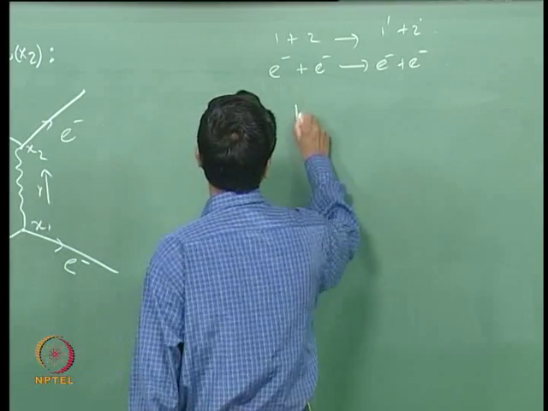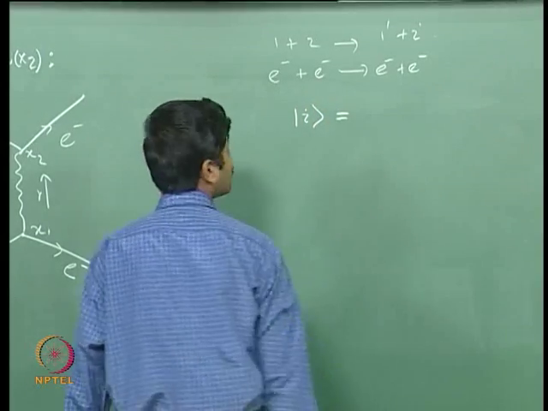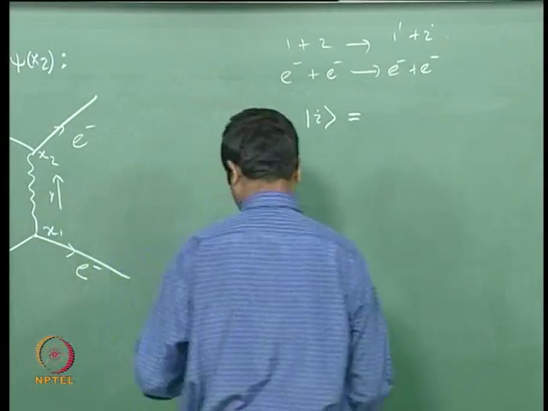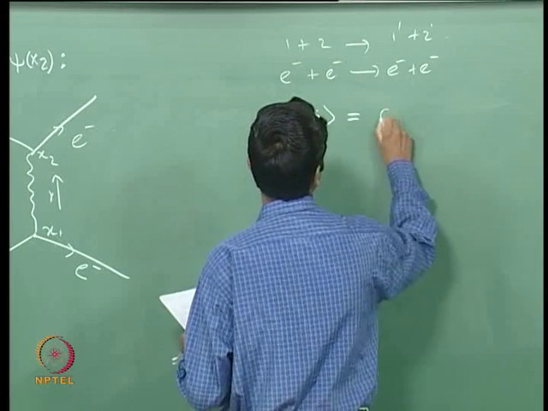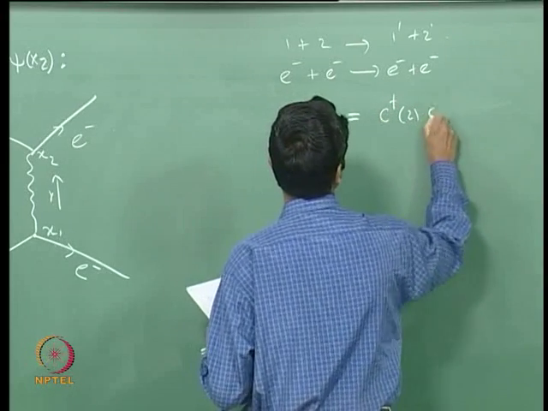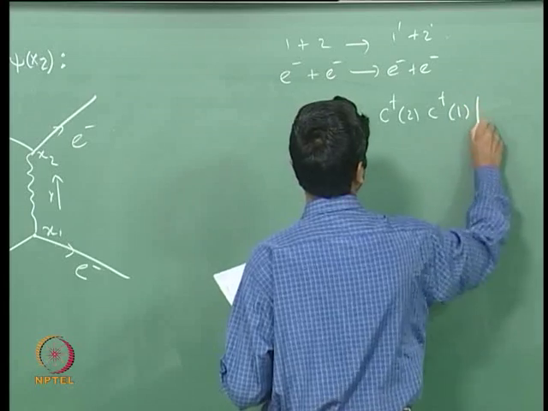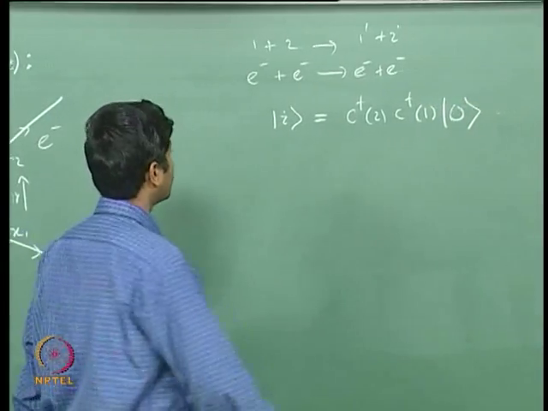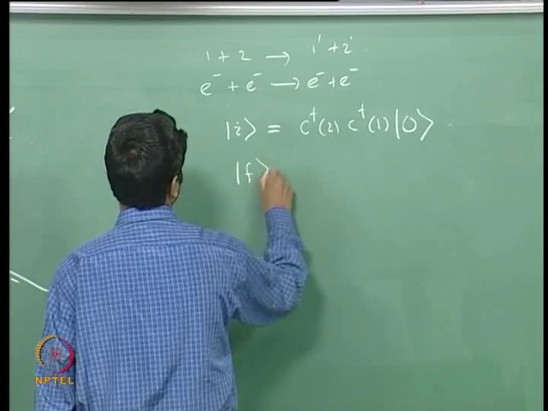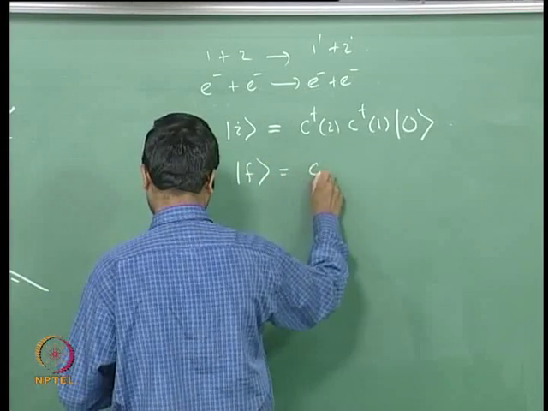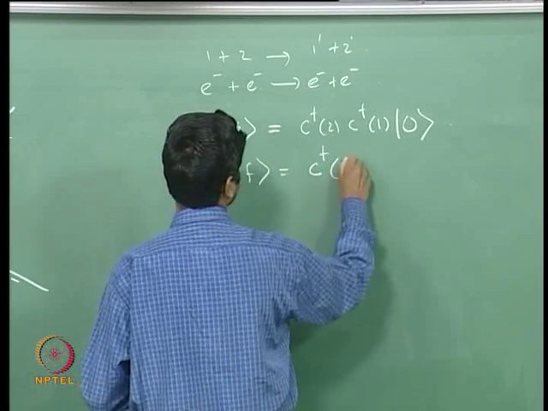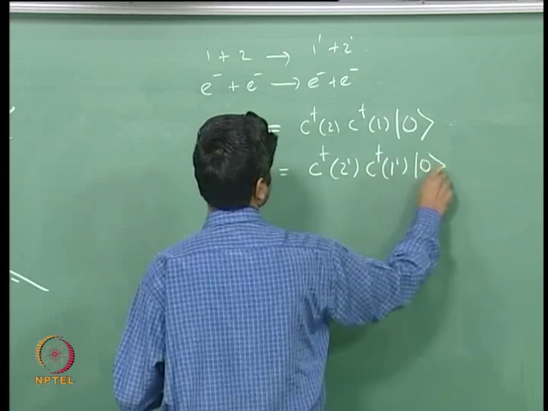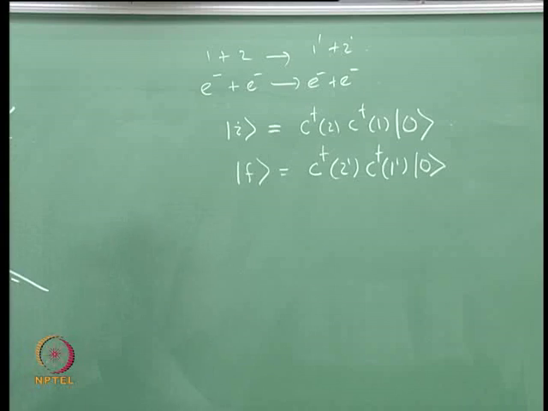So what is the in state? The in state is basically C dagger 2, C dagger 1 acting on the vacuum, whereas the out state, which I will call F, is C dagger 2 prime, C dagger 1 prime acting on the vacuum.